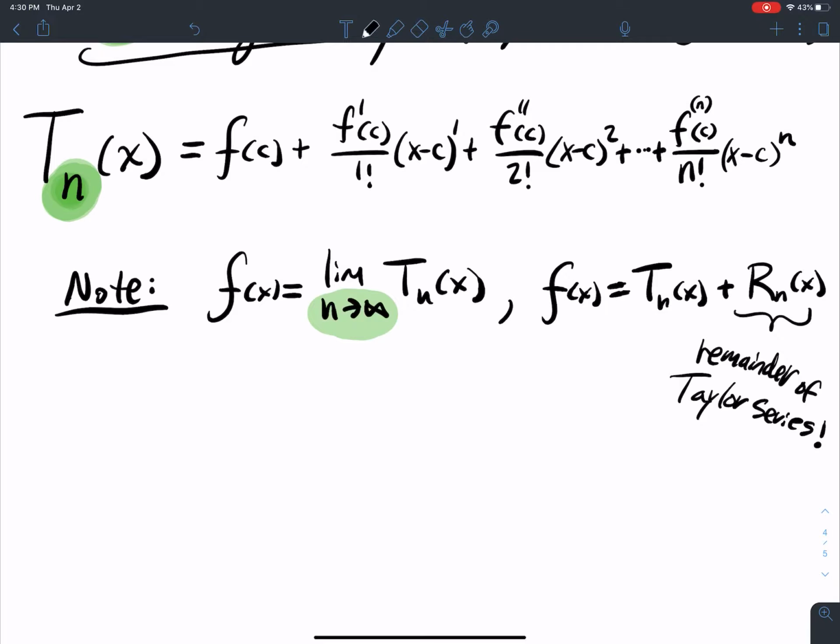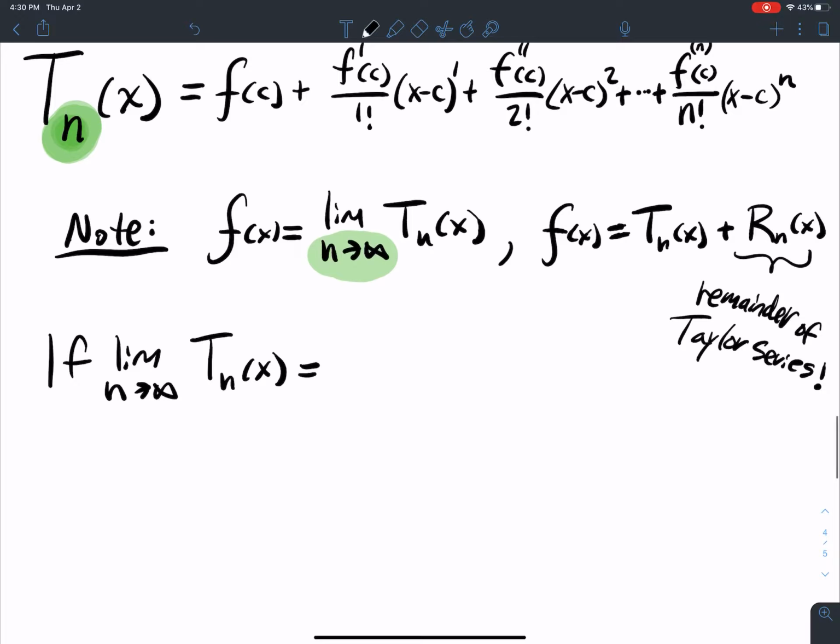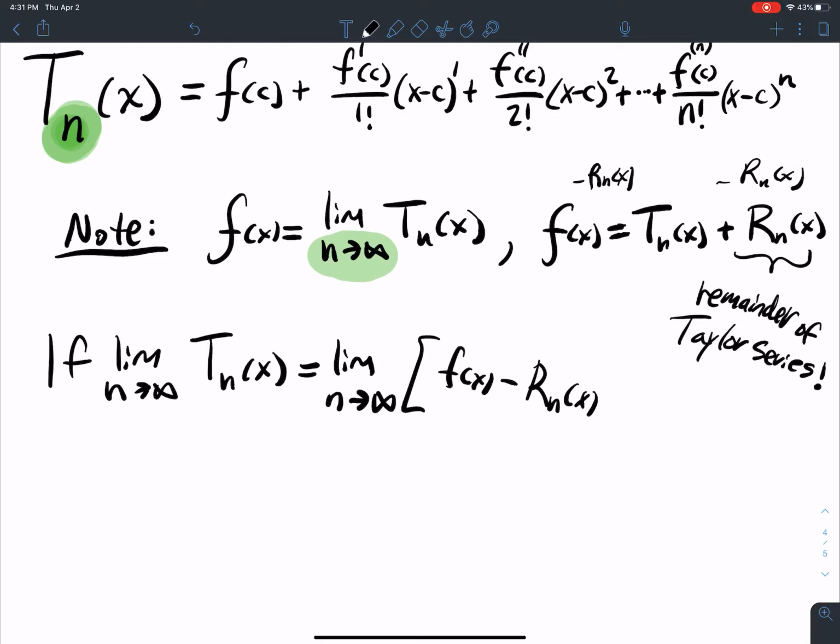So how does the remainder of the Taylor series work? If the limit as n goes to infinity of Tn of x equals what? Well, how can I solve for Tn of x here? I subtract Rn from both sides, right? So this is equal to the limit as n goes to infinity of f of x minus Rn of x.